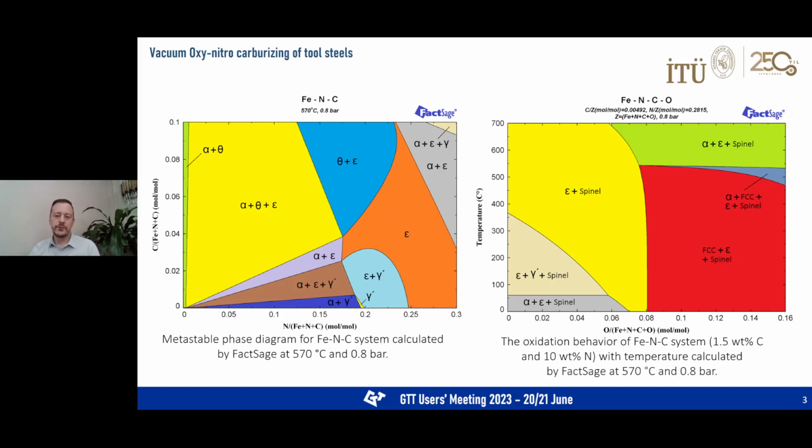So in the first figure, we calculated the iron nitrogen carbon ternary phase diagram to estimate the possible reaction products during our experimental process, which has both nitriding and carburizing potentials with a gas mixture of ammonia and carbon dioxide at 0.8 bar and 570 degrees Celsius. In the second figure, we simply calculated the oxidation behavior of a carbonitride layer, the epsilon phase, in such a system.